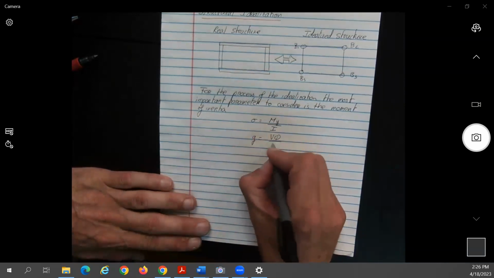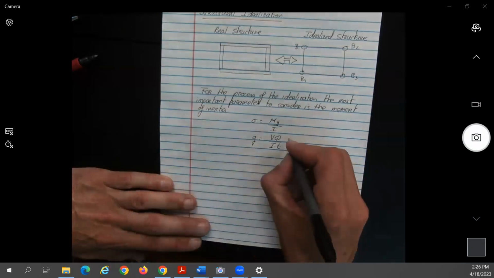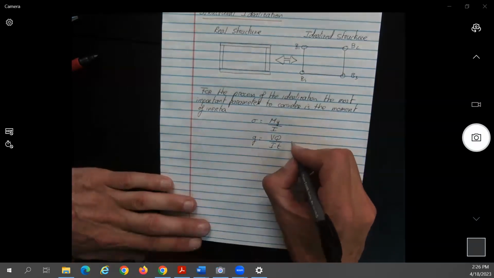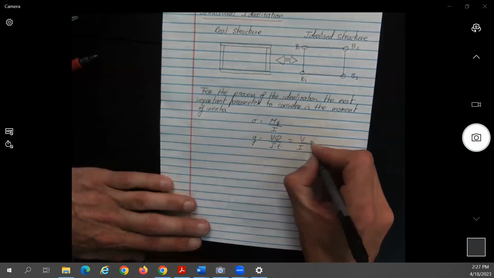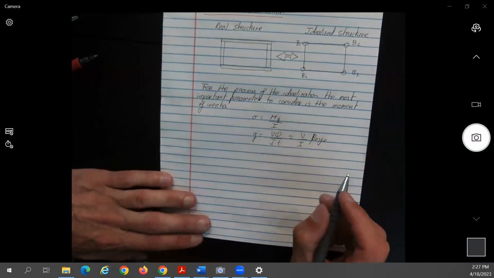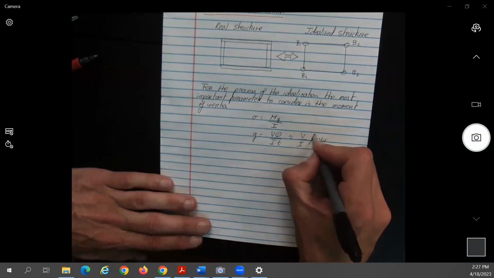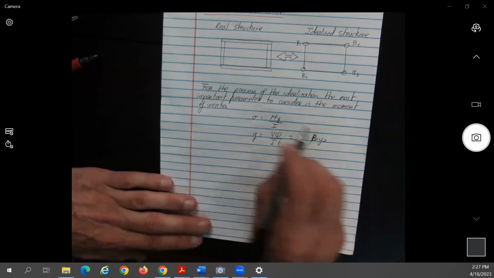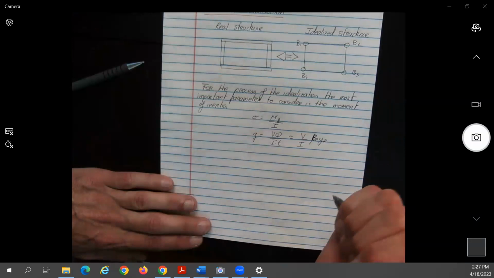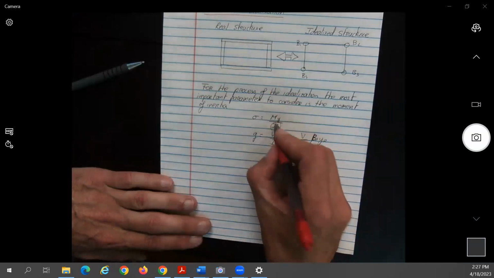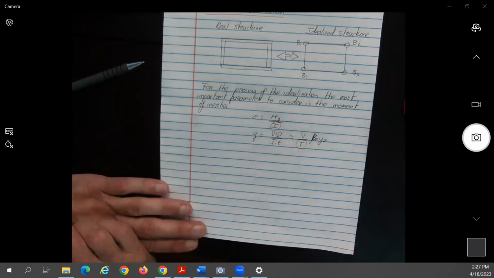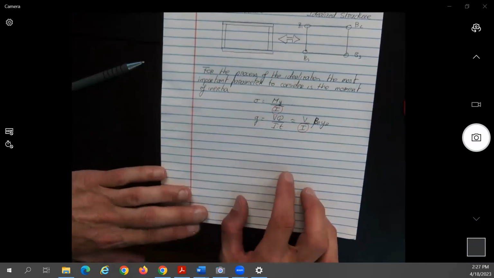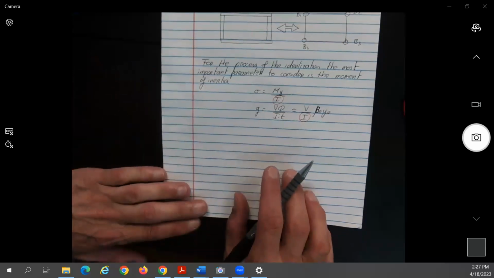Then it will be, let's say, V over I, summation of B sub r y sub r. But basically, you see that the important parameters are the y and the I, the moment of inertia, which comes every single time. It's in the stresses, it's in the shear flow, everything we've been doing throughout the semester.